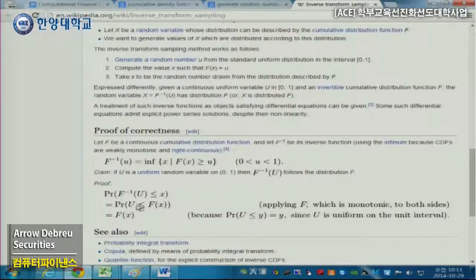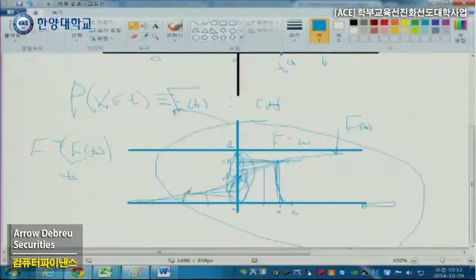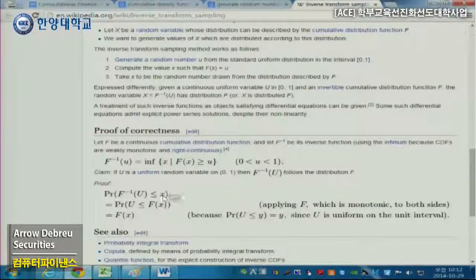In the uniform distribution, the probability that U is less than t is basically t. So instead of t, I can plug in F(x), and then I have F(x). Therefore, this is exactly F(x). So we are done.